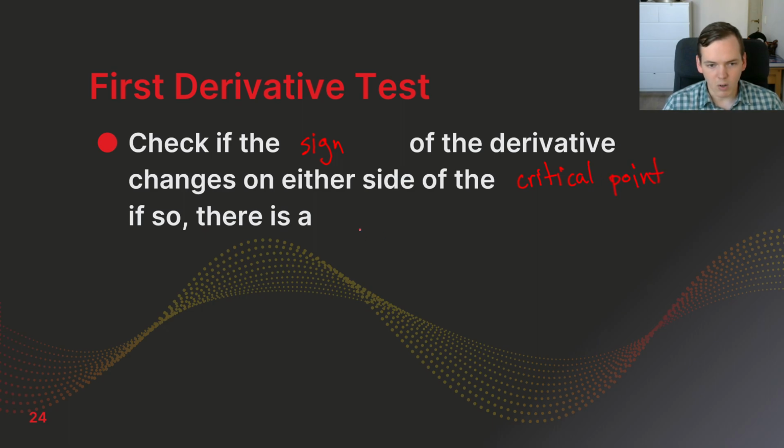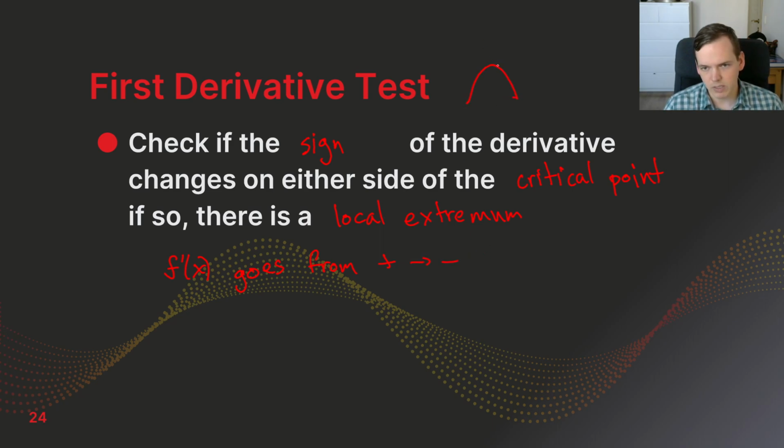And if so, there is a local extrema, or extremum, if we want to be proper with our Latin, I believe. So if the derivative goes from positive to negative, we know that looks something like this.